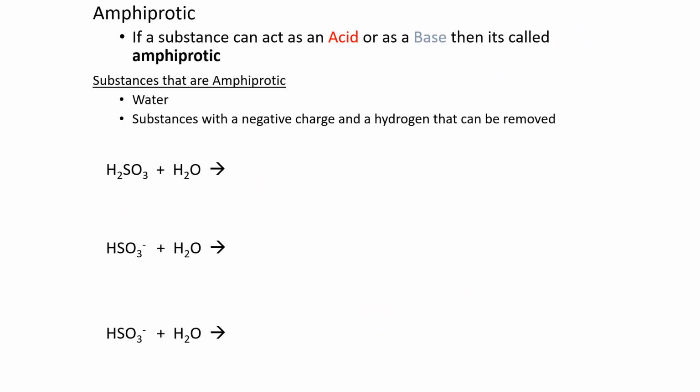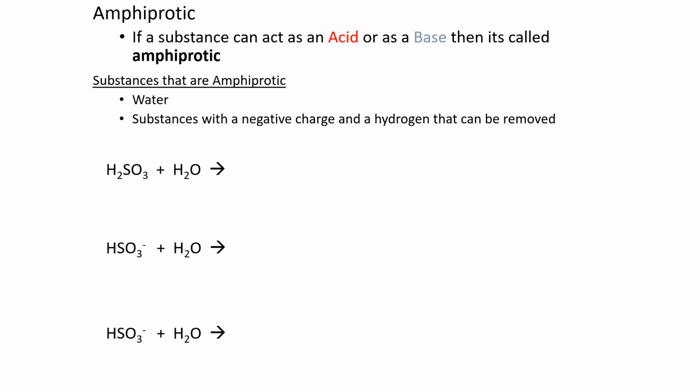Okay. Now, also under the Bronsted-Lowry definition, if the ability to donate a proton makes something an acid, and the ability to accept a proton makes something a base, what happens if something can donate a proton and accept a proton?